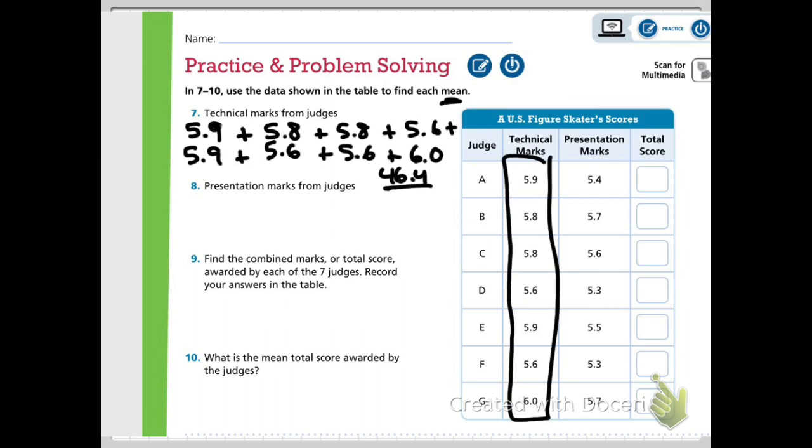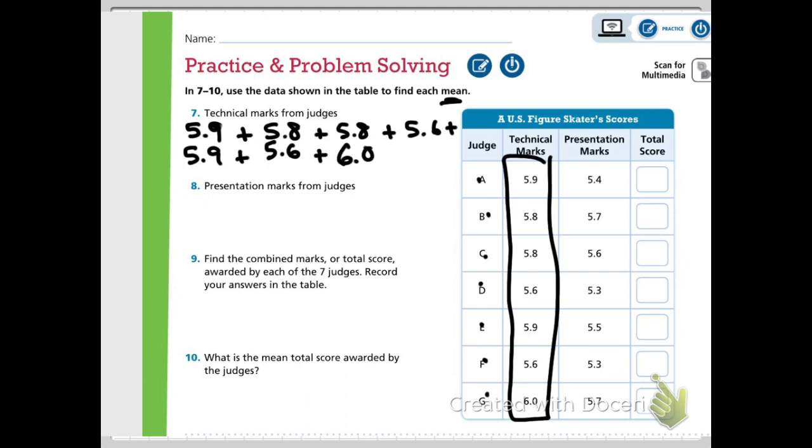Then we're going to divide by the amount of numbers there. Well, there's 1, 2, 3, 4, 5, 6, 7 numbers. Oh, hold on, what did I do wrong here? 5.8, 5.8, 5.6, 5.9, 5.6. Oh, let's go back. I have two 5.6s, so plus 6.0.